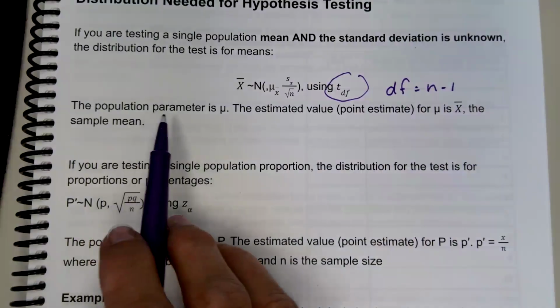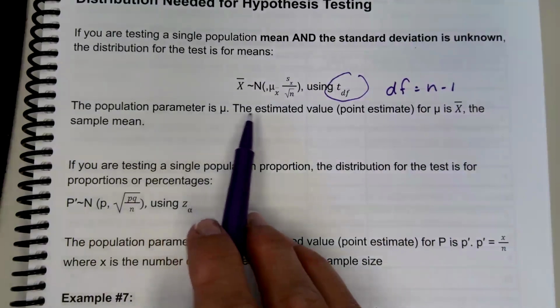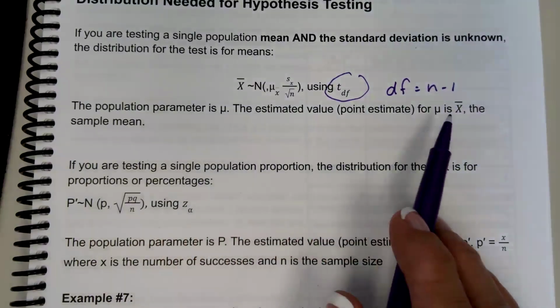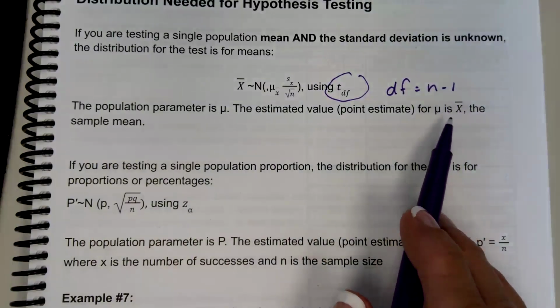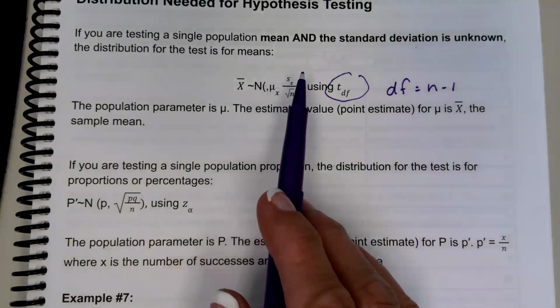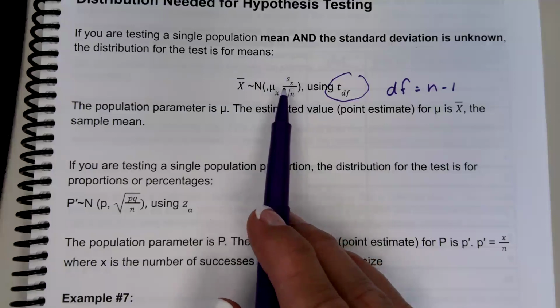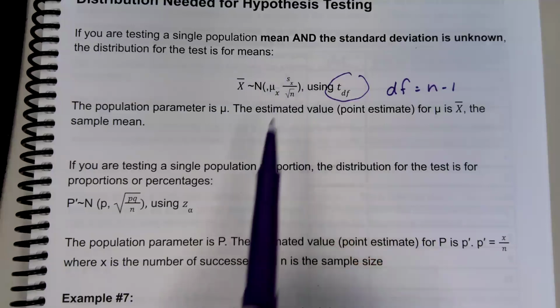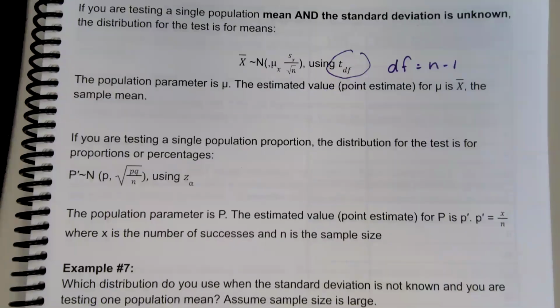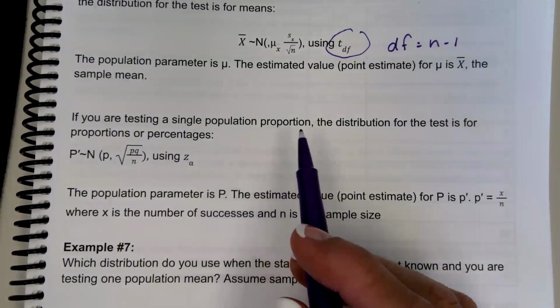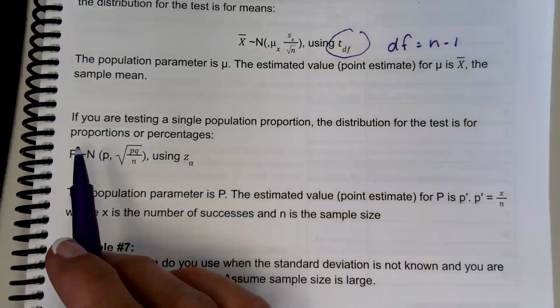The population parameter mean mu is estimated with the point estimate X bar, and the standard error is the standard deviation of the X divided by the square root of n.